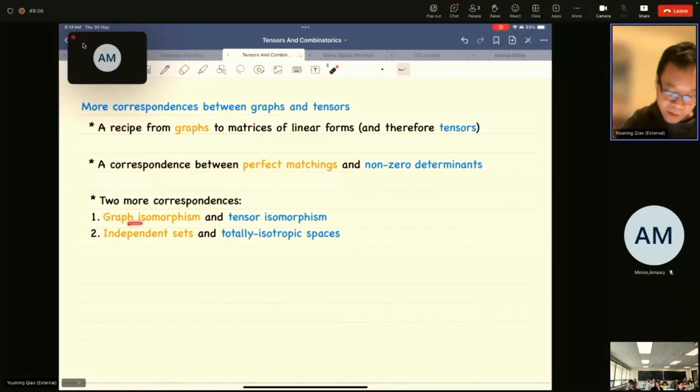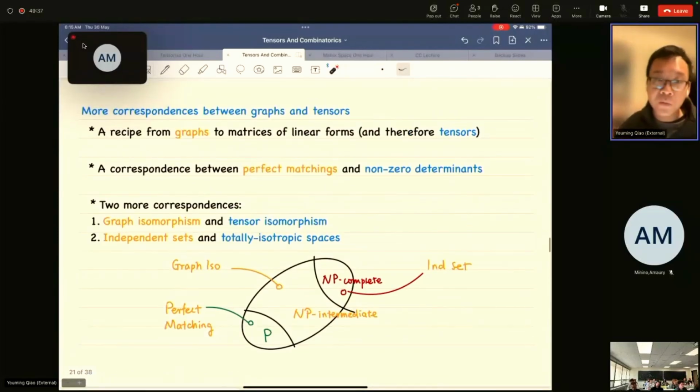The first one is about isomorphism testing, the graph isomorphism and the tensor isomorphism. The last one will be about independent sets and the so-called totally isotropic spaces. Depending on the time, probably we will not have time for this, but I will send out the slides and you can take a look at it later. But definitely we will have like 10-15 minutes to talk about the connections between these two notions.